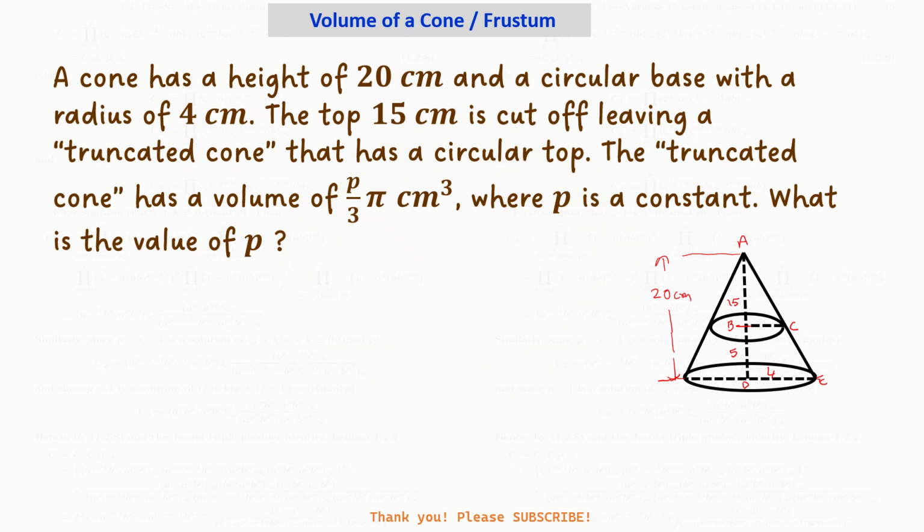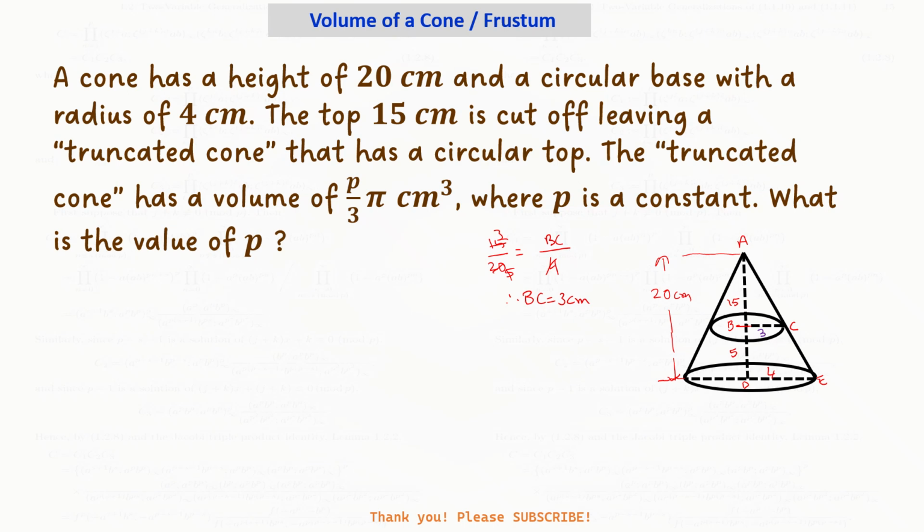So we can say 15 out of 20 is equal to BC out of 4. Therefore BC would be 3 centimeters.